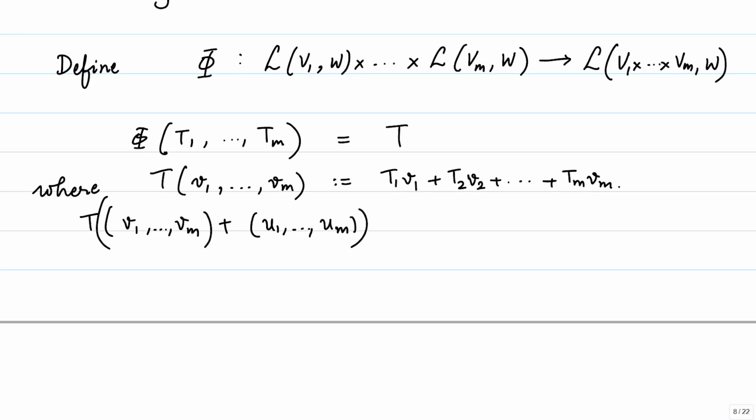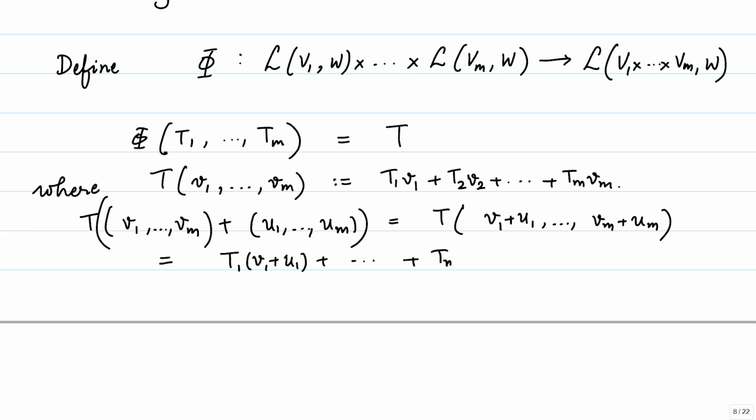By the definition of our vector space operations on the product space, this is just going to be equal to T of (V1 plus U1, up to Vm plus Um). This object is equal to T1 of (V1 plus U1) plus up to Tm of (Vm plus Um), which is equal to T1 V1 plus T1 U1, because T1 is a linear transformation.